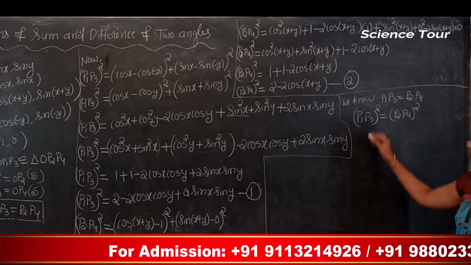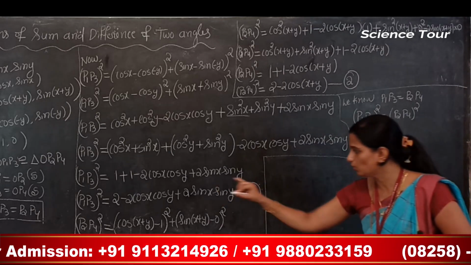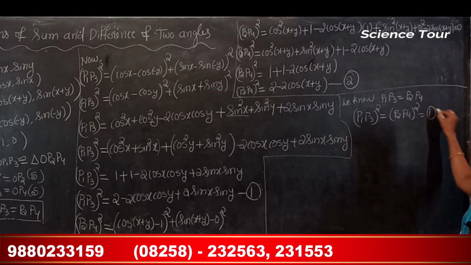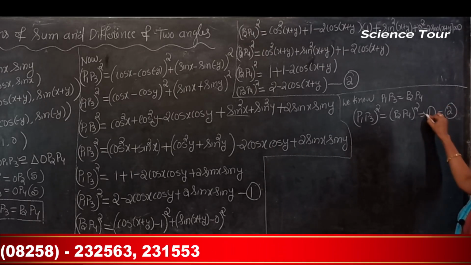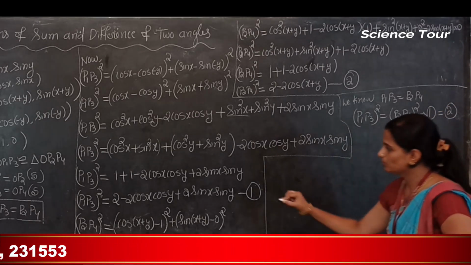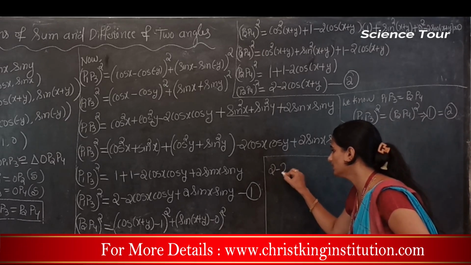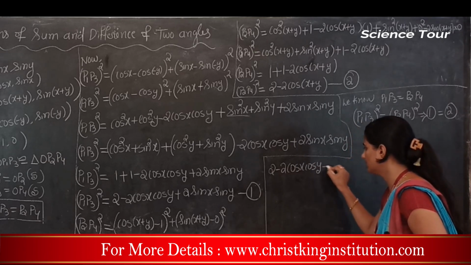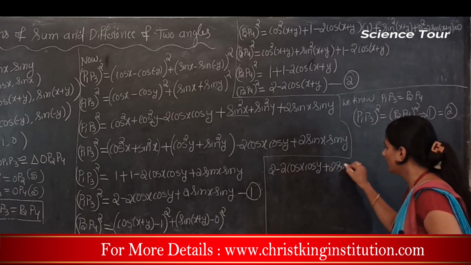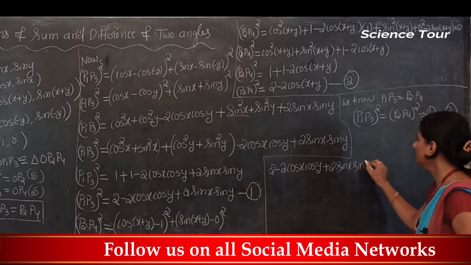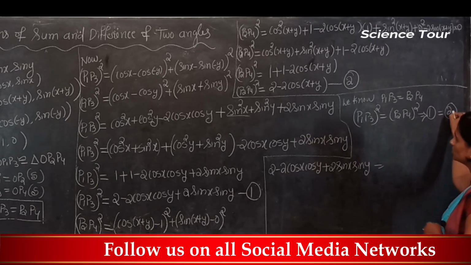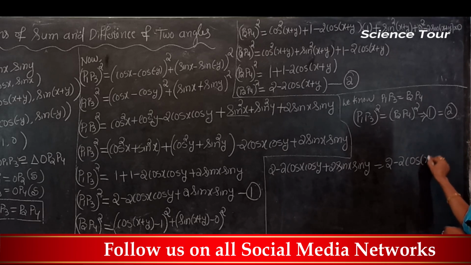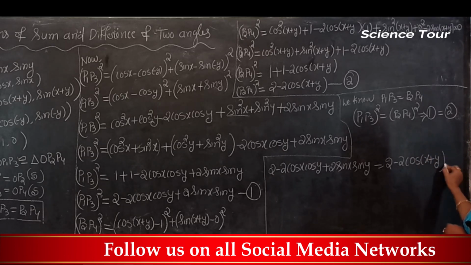Now substitute the value of P1 P3 whole square, that is equation number 1. So equation number 1 is equal to equation number 2. What is equation number 1? It is 2 minus 2 cos x cos y plus 2 sin x sin y, that is equal to equation number 2, which is 2 minus 2 cos of (x plus y).